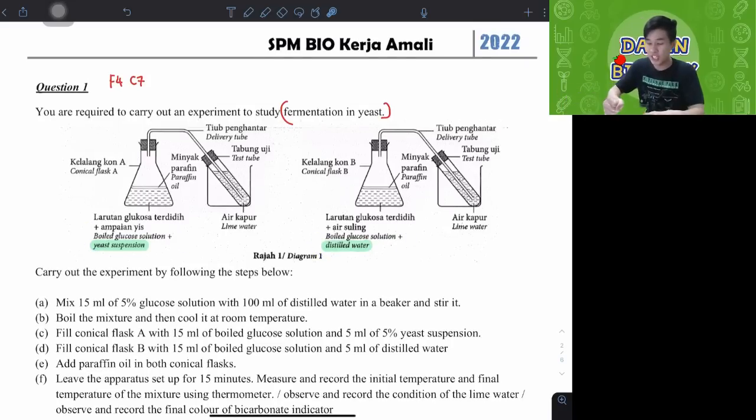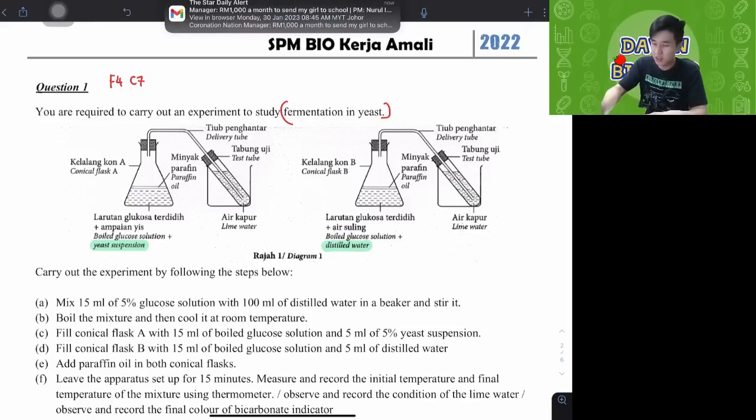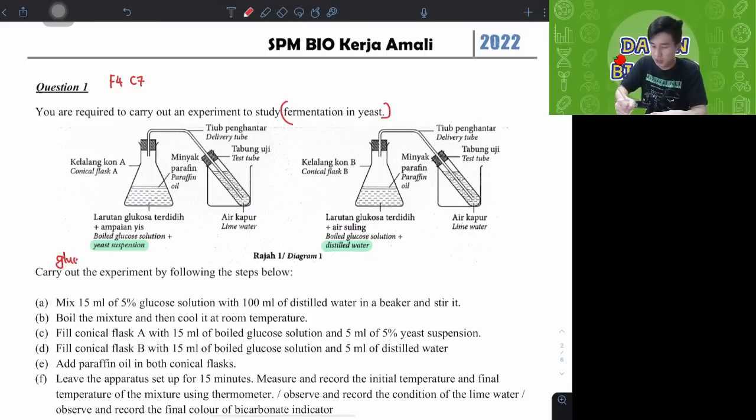Of course, the one with yeast is going to carry out alcohol fermentation. Remember the equation for alcohol fermentation is glucose, arrow, CO2, ethanol, and energy.